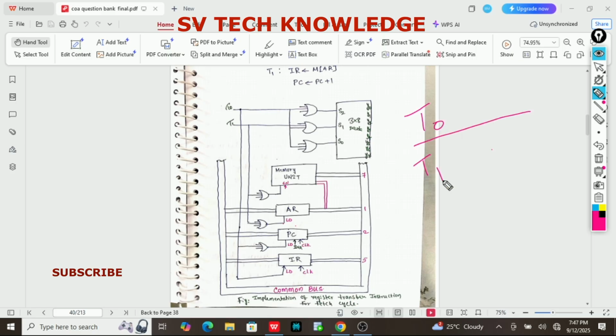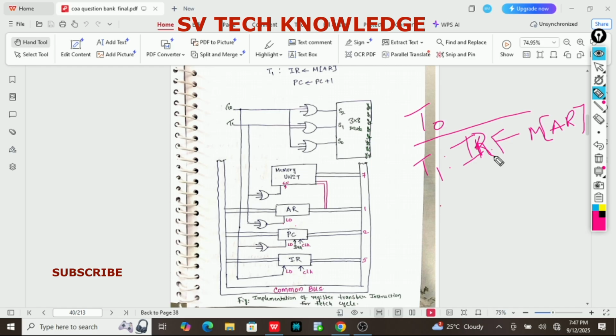Now at time T1, what has to happen: the content of the memory address register should be sent to the instruction register, IR. Why? Because whatever you want to execute should be in the instruction register.